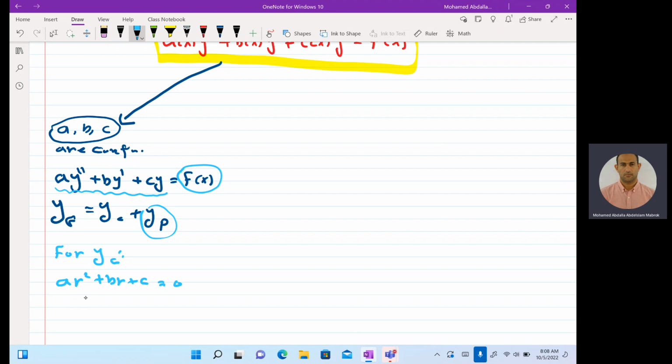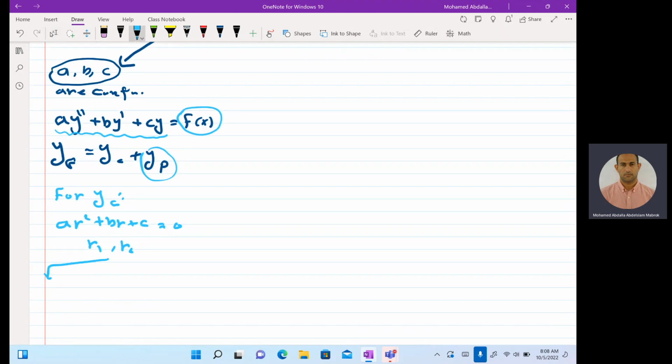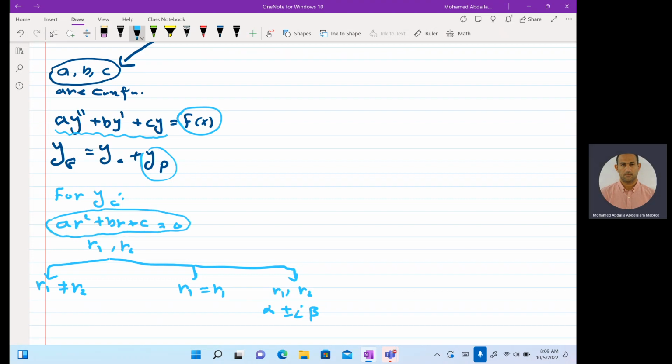And then we solve this second order algebraic equation for r1 and r2. And we are expecting to get one of these three cases: r1 is not equal to r2, two real different roots; r1 equals r2, two real equal roots; or r1 and r2 are complex, which is alpha plus and minus i beta. So these are the three cases for this second order algebraic equation.